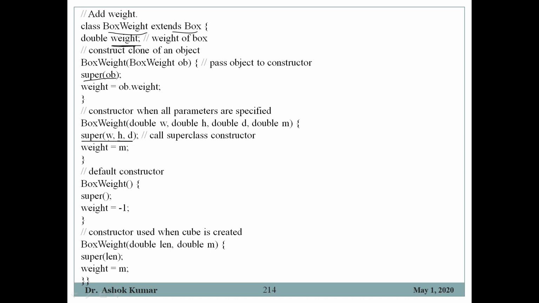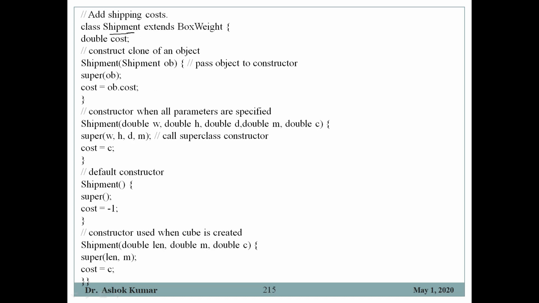So when this super is executed, it will call the Box class constructor as we discussed earlier. This BoxWeight class we are extending further to create the third class, Shipment. And in this Shipment class, we have created one instance variable cost.